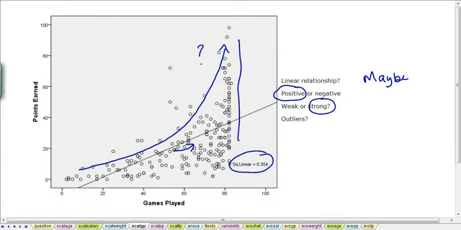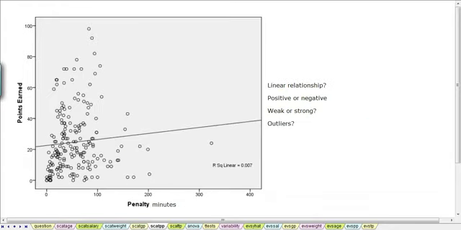And are there outliers? Well, we do have maybe one here, so maybe there are some outliers that would affect this data set. And should we include this in a multiple regression model? Well, in this intro to multiple regression in an intro stats course, we would say that this is a good candidate for a factor that would help explain the points earned.